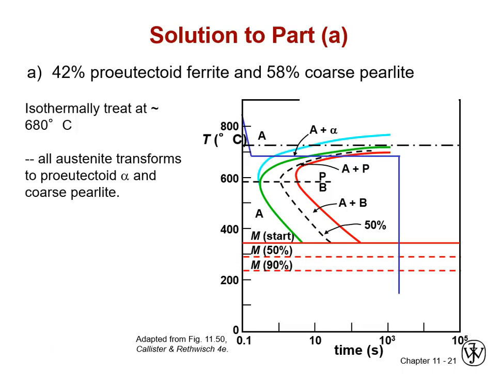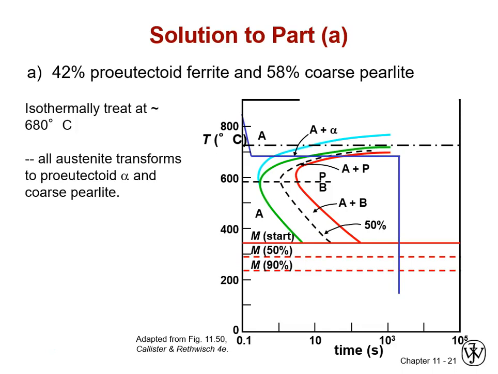Any austenite that had not transformed would transform to martensite when we quenched. But from the look of it, because we crossed the red line, which corresponds to 100% transformation, there was no austenite remaining to transform to martensite. So we had an all ferrite pearlite structure.